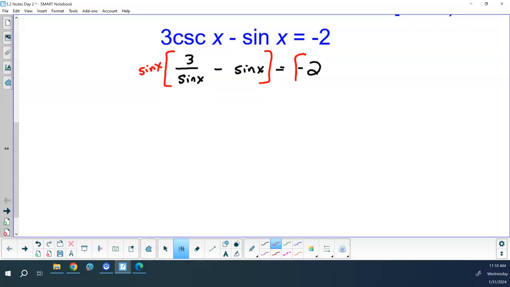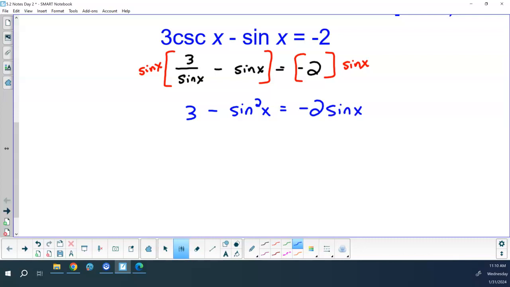If I do that on the left, I have to do that on the right also. 3 times sine is 3 sine, divided by sine is just 3. Sine times sine is sine squared. -2 times sine is -2 sine.